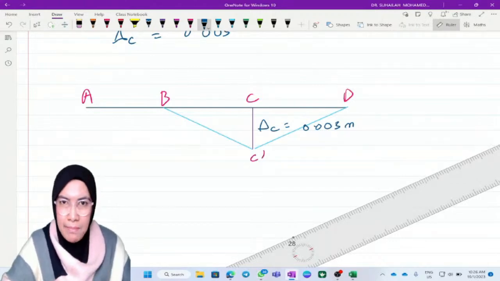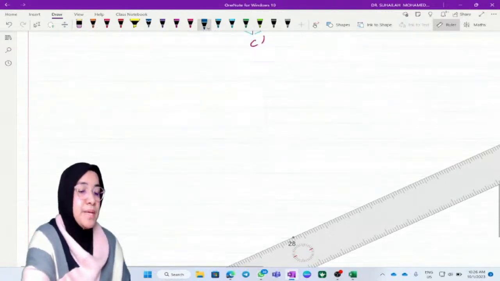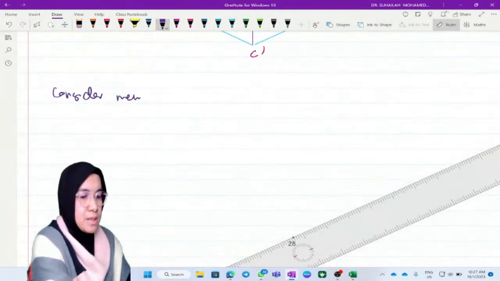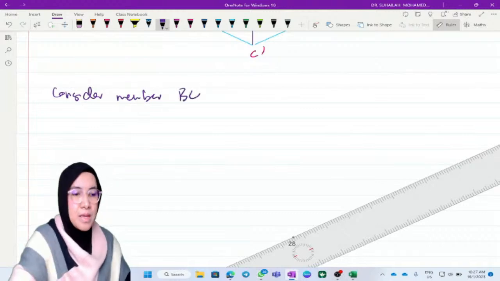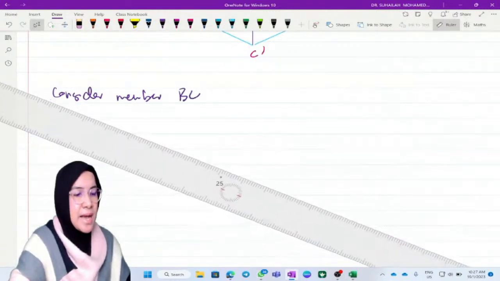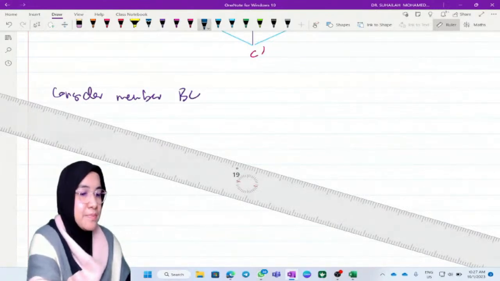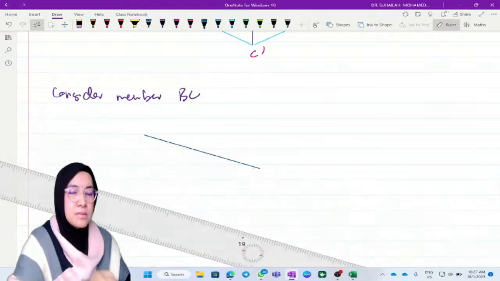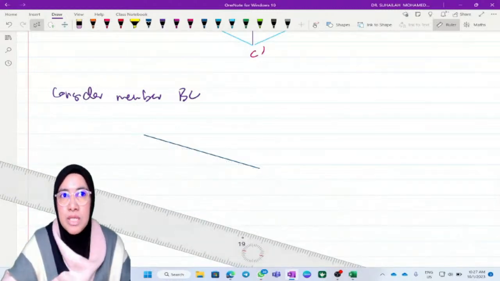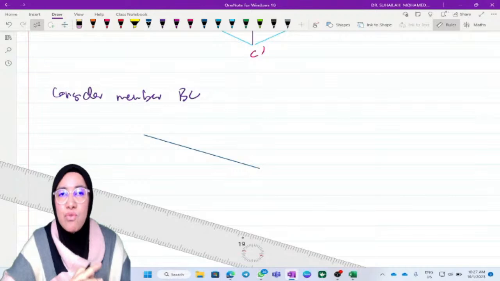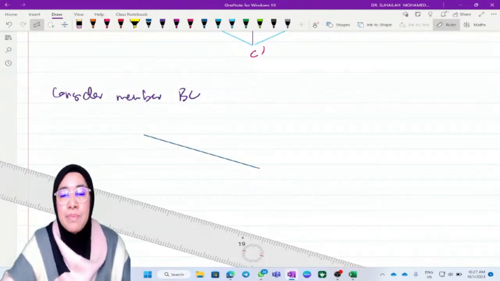So look at the behavior after settlement occurs. AB remains the same. We consider member BC first. Member BC after support settlement becomes like this, the new position of beam BC after settlement. Now we have to identify the behavior.